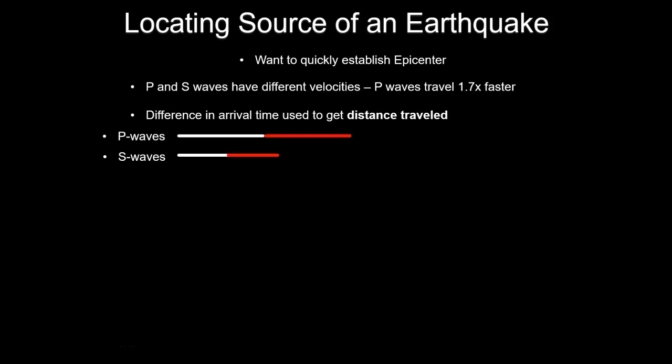If this is now the time at which P arrives to the seismograph, this difference in arrival time is much greater than it used to be over here. So, again, the longer the interval between the arrival of the first P wave and the arrival of the first S wave, then the greater the distance to the epicenter from the seismograph.